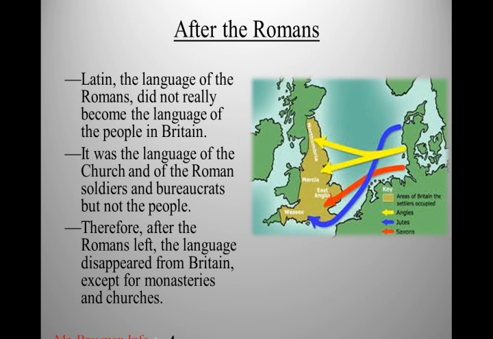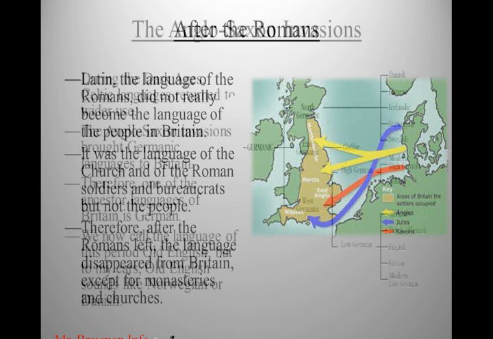And remember from the Anglo-Saxon lecture, the name for the tribe, Angles, becomes Anglish, England, the land of the Angles. So we can see just from the very name itself that these tribes began to have a lasting impact on our language.